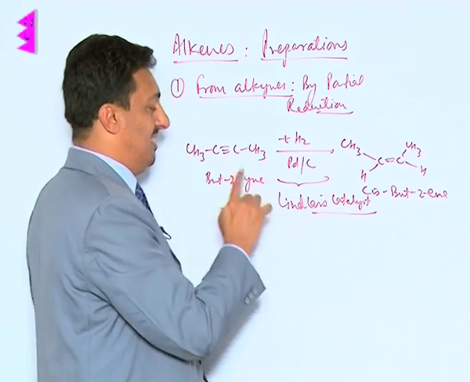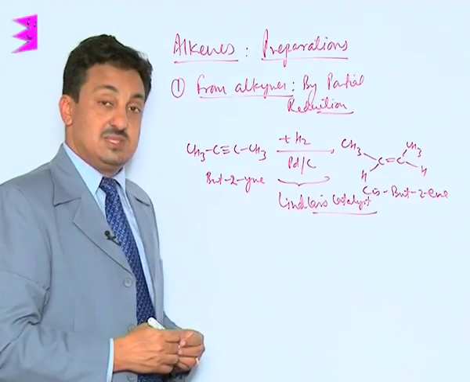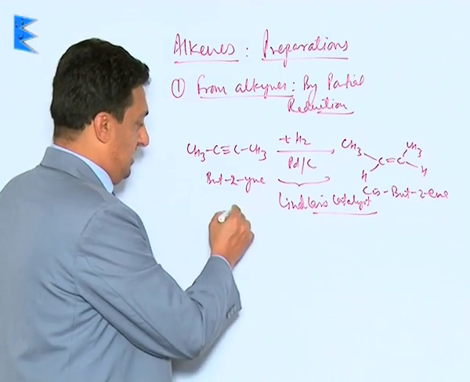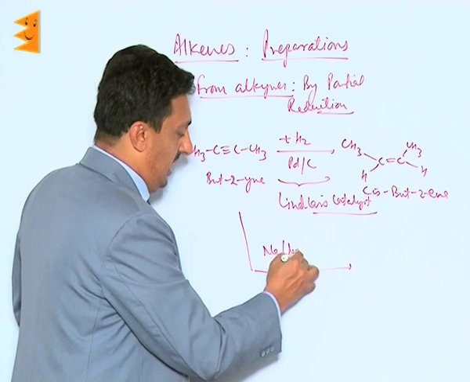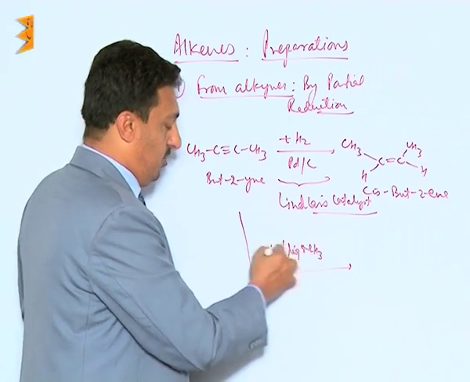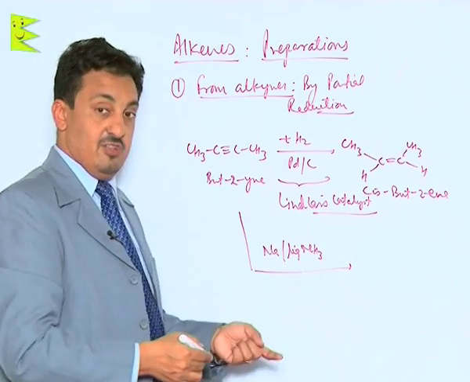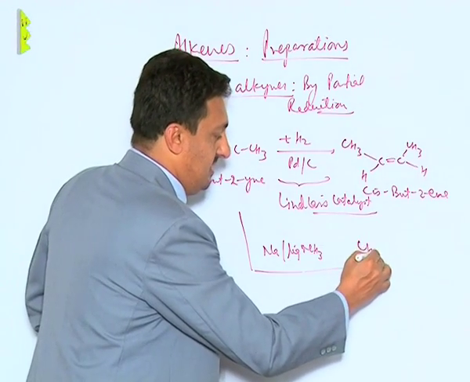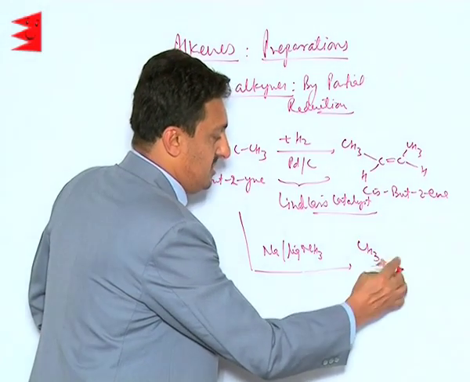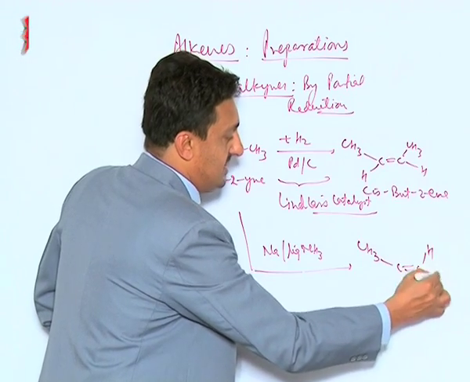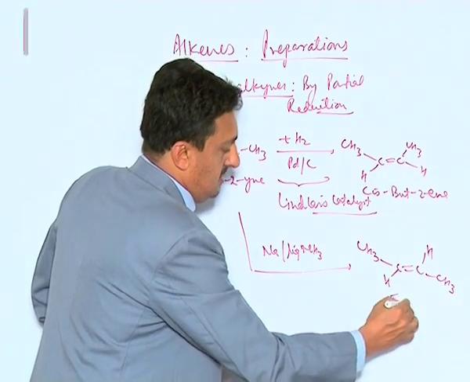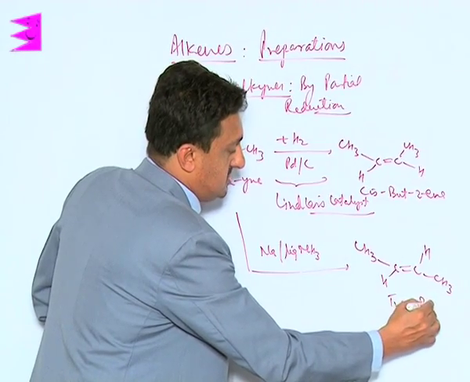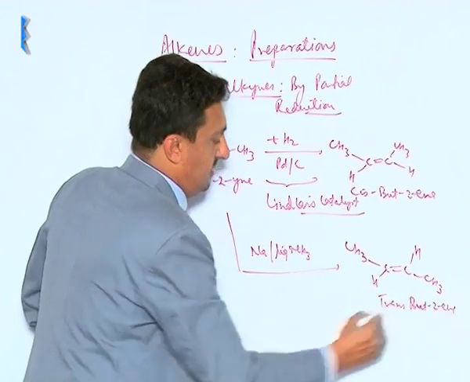So always remember, Lindlar's catalyst gives us cis-butene, whereas when the same reaction is carried out using sodium and liquid ammonia, both of these react to form sodamide and hydrogen is released, partial reduction takes place and we get trans-but-2-ene.